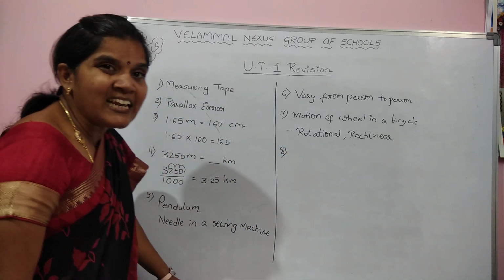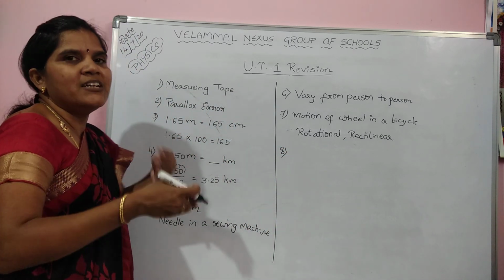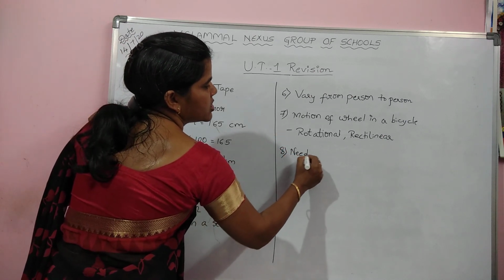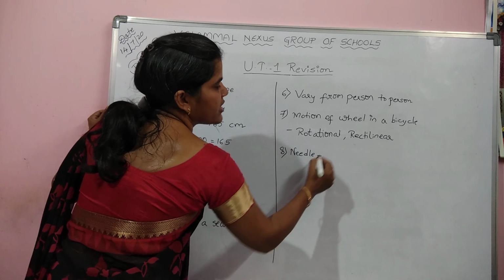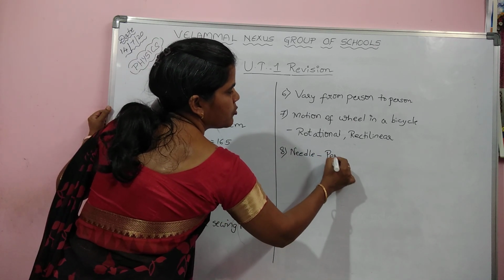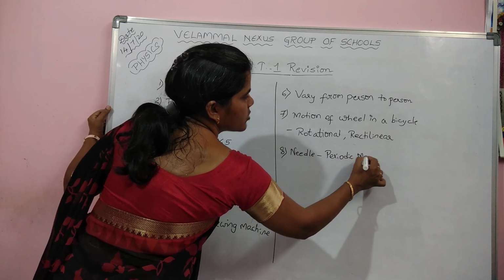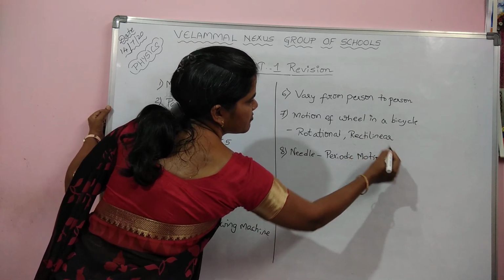Next, the needle in a sewing machine. What kinds of motion will it execute, children? Periodic motion you are saying, but it can also be considered under oscillatory motion, children.